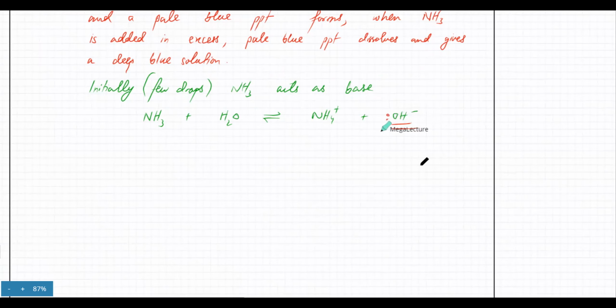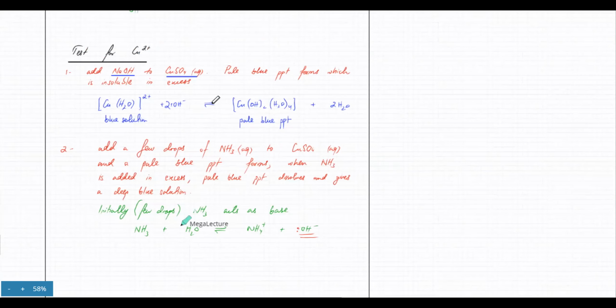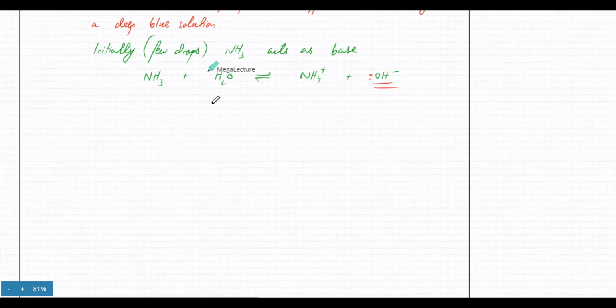So you get pretty much the same reaction as the first one, the one that we did earlier. You're going to get exactly the same reaction because adding NH3 produces OH minus. So I'm going to write the first reaction again. It's going to be Cu with 6 water molecules, and they have a charge of 2 plus.